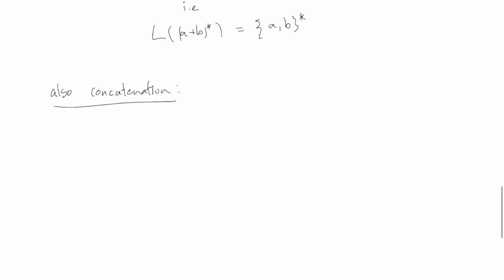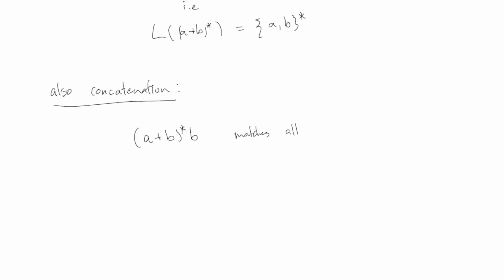And you can get more interesting things like, for instance, (A plus B) star B. What that means is something that satisfies that first thing with the star immediately followed by a B. So this matches all strings ending in a B, right? It could be anything from here, but then it has to have a B at the end.